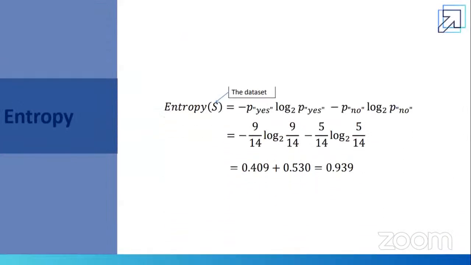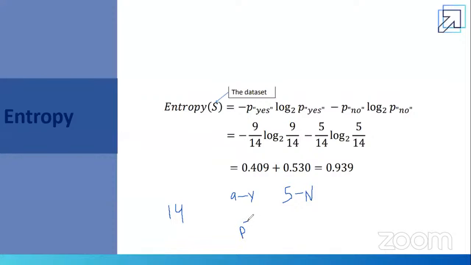Total training examples are 14, out of which 9 are yes and 5 are no. So how do we calculate P plus?